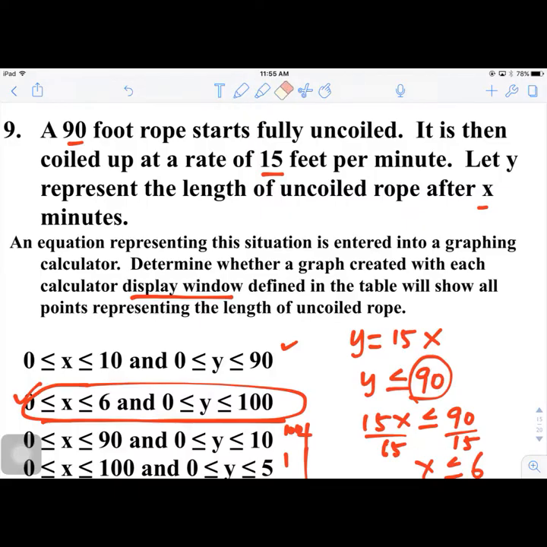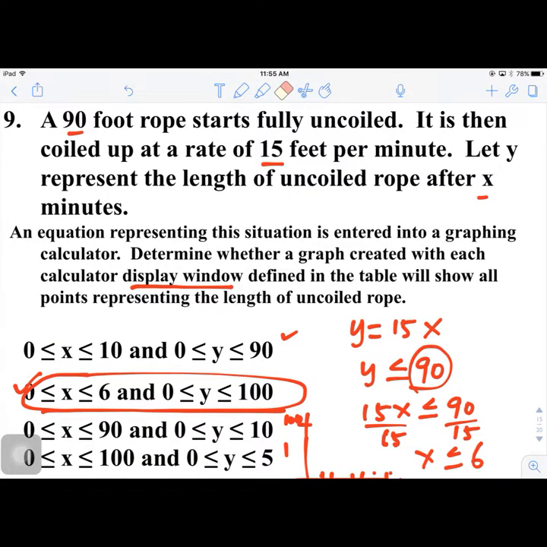Number 9, a 90-foot rope starts uncoiling. It is then coiled up at the rate of 15 feet per minute. Let y represent the length of uncoiled rope after x minutes.